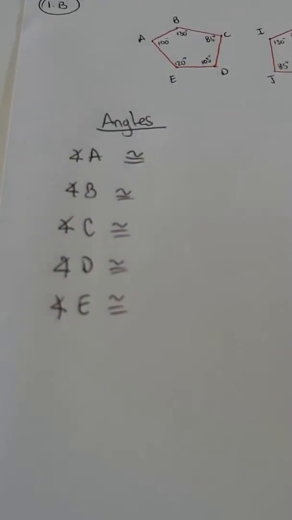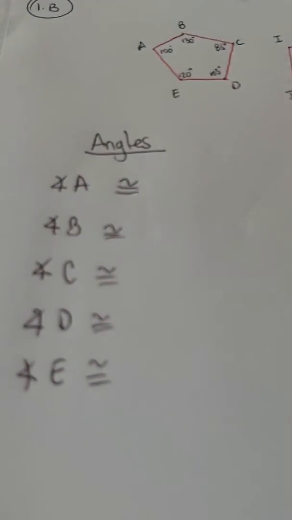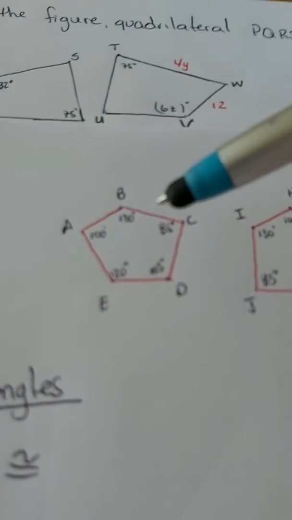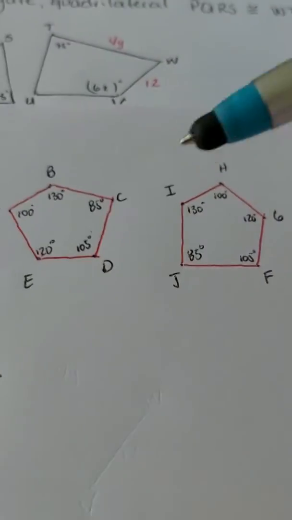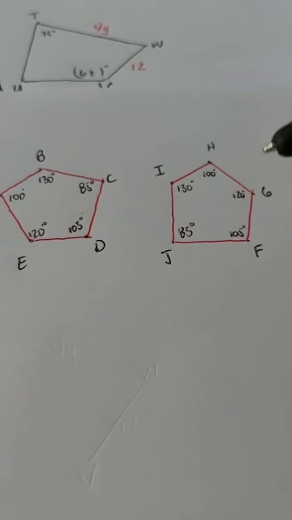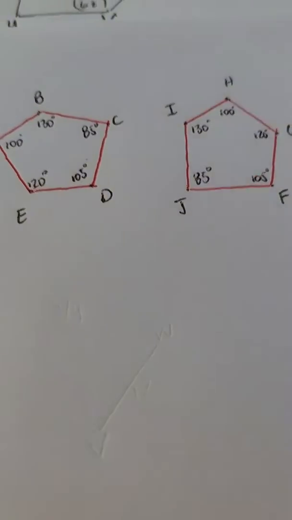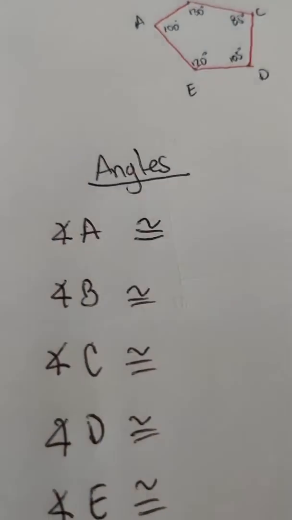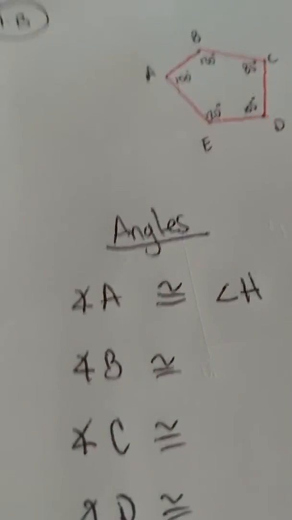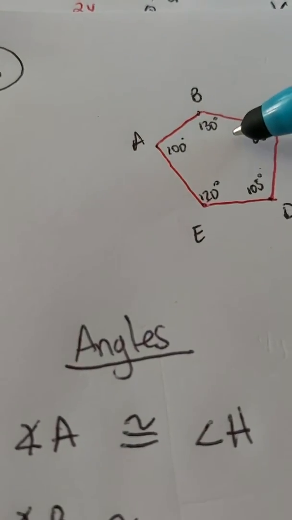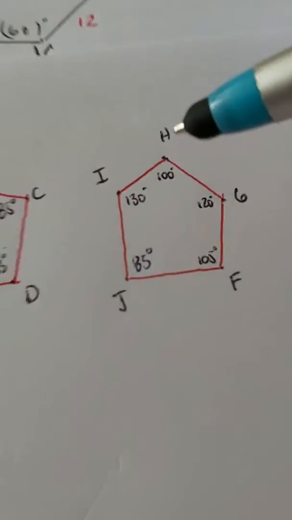Okay? So here we are. We have our angles, right? And let's see angle A. What's the measure of angle A? Angle A measures 100 degrees. So what will be its corresponding angle? In this case, angle H measures 100 degrees, so we can state that angle A is congruent with angle H. Angle B measures 130, and angle I measures 130.